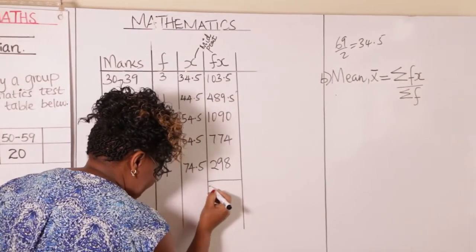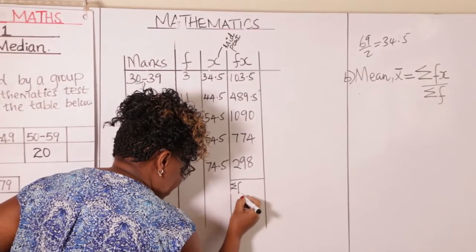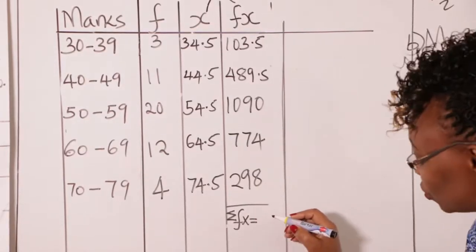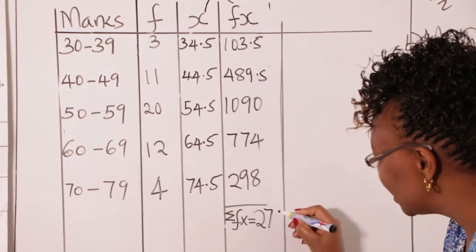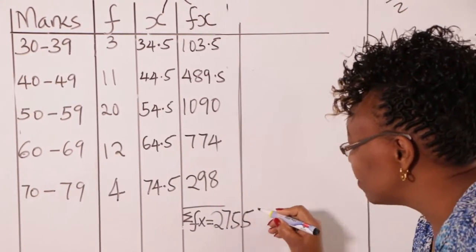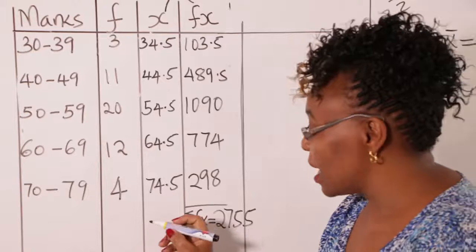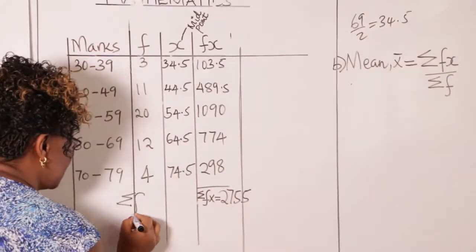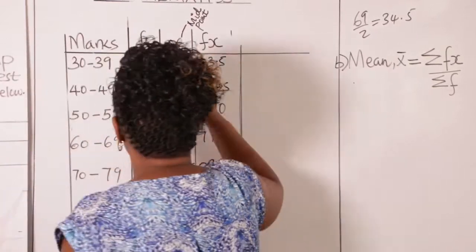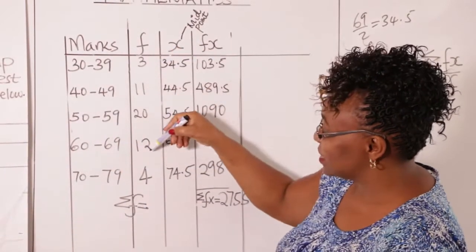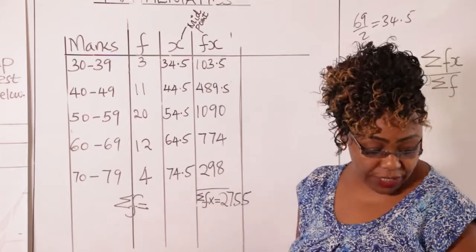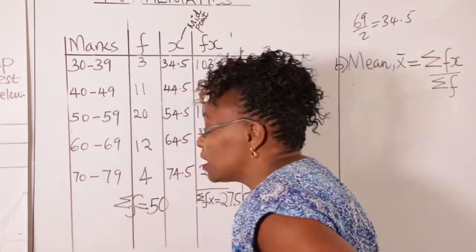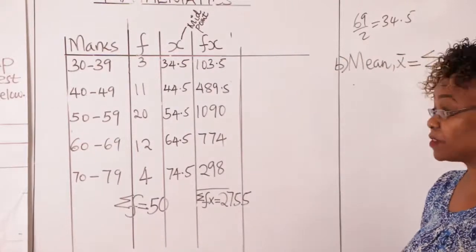So you write sum of fx is equal to what? You should get 2,755. You then come and get the sum of f. You add these frequencies, learner. You would get 50. You are dealing with 50 students.